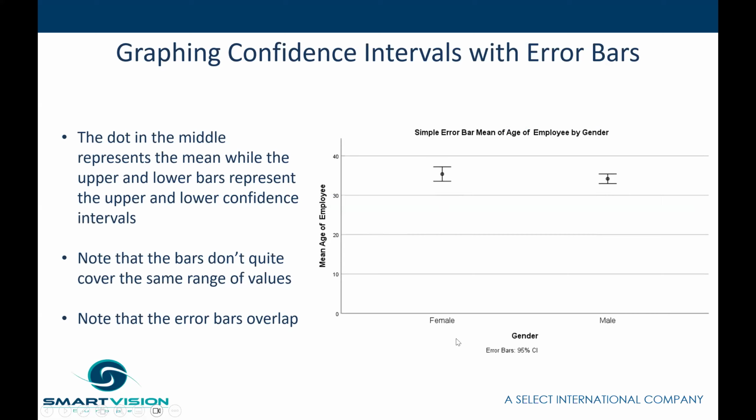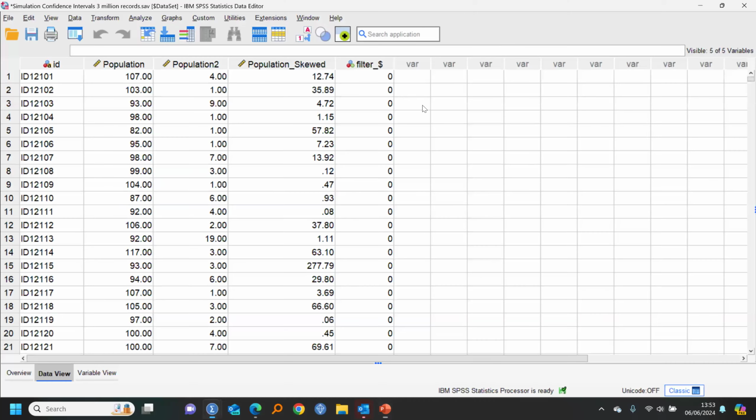It can mean either the female sample size is smaller, and therefore confidence intervals are not as reliable, or the female sample has a larger standard deviation and more spread within the data. And for the male sample, it's either larger or they have less variance, a smaller standard deviation.